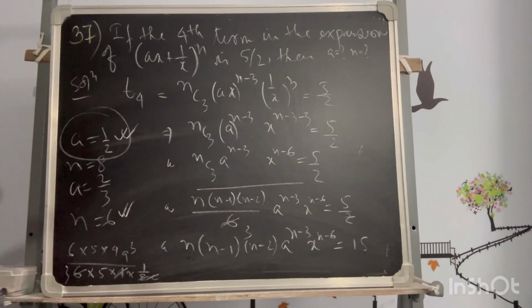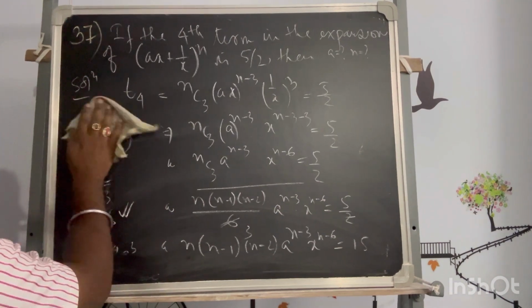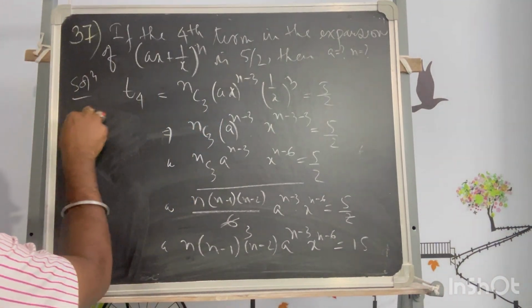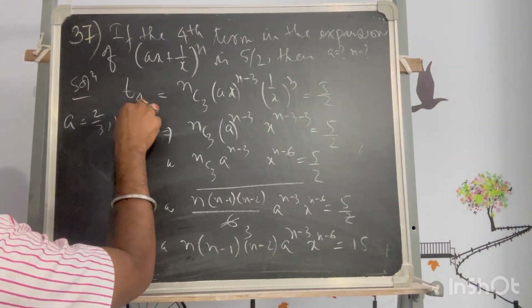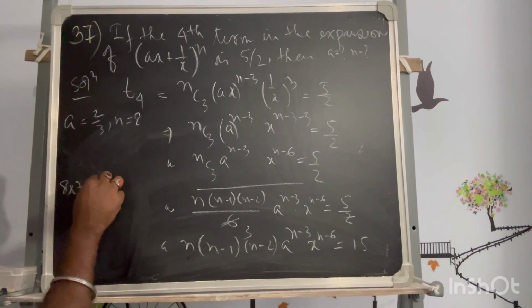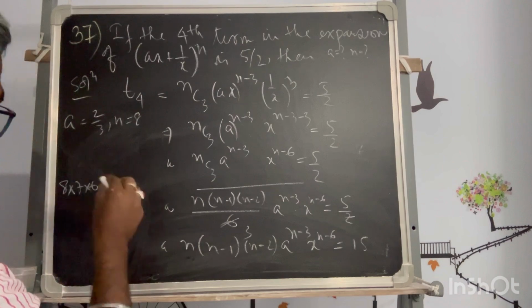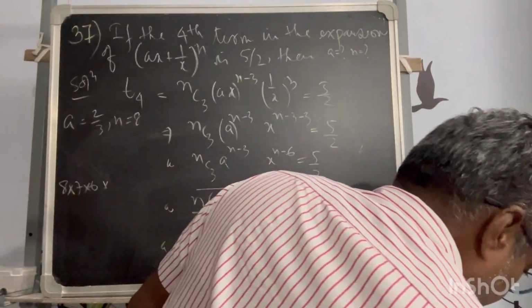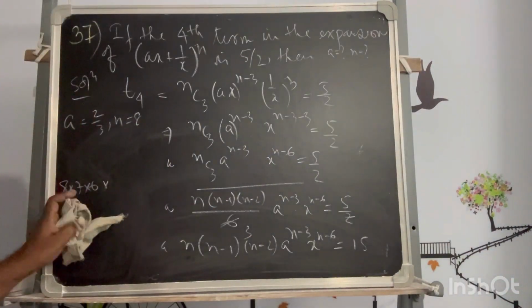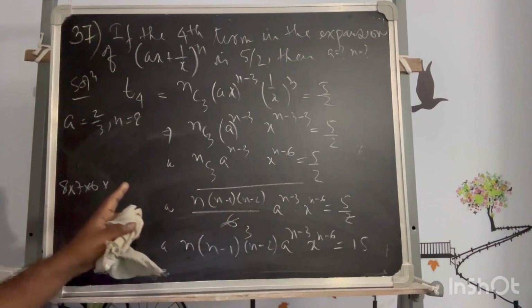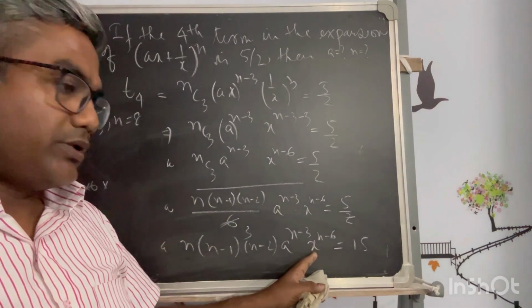Now let us take the other options also, whether it is possible or not. The other options are a is equal to 2 by 3 and n is equal to 8. So now if I put n is equal to 8, it is 8 into 7 into 6, and x is not given here. This is one difficulty. Anyhow, since x is not given, that means the first choice automatically will come, because we have to eliminate x.